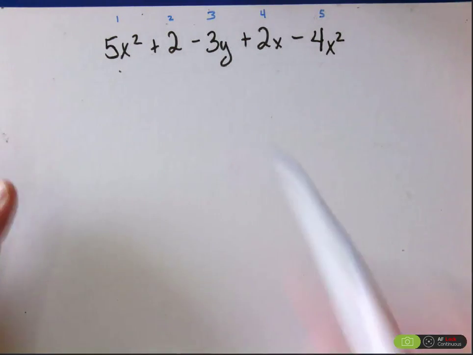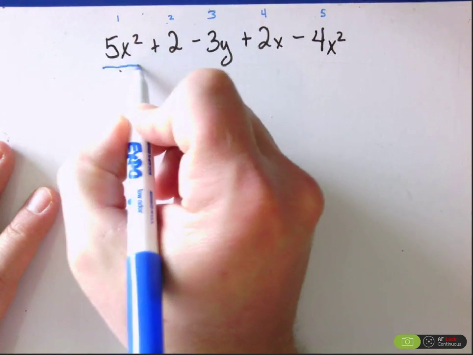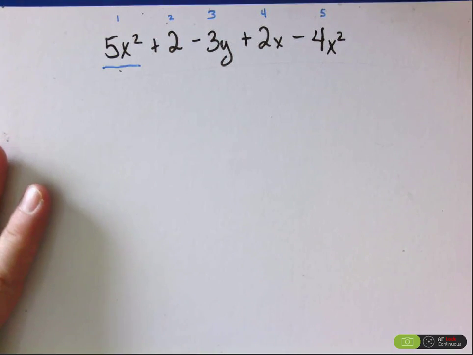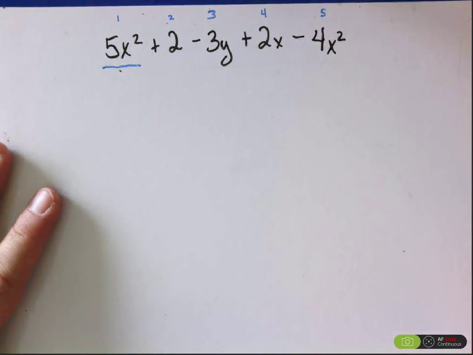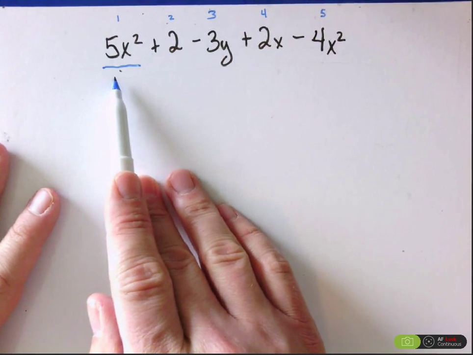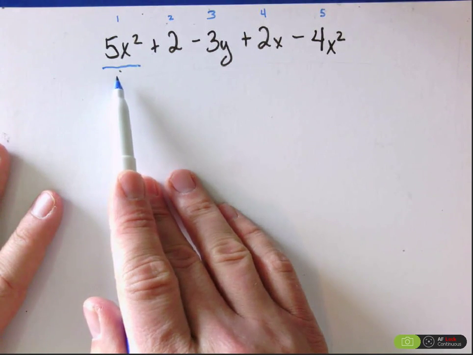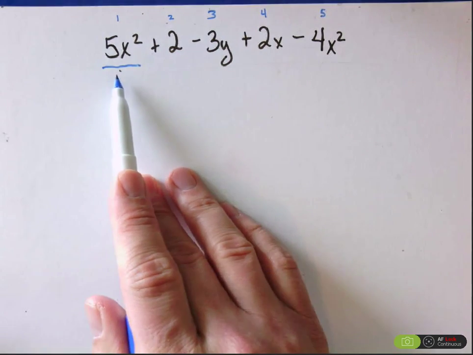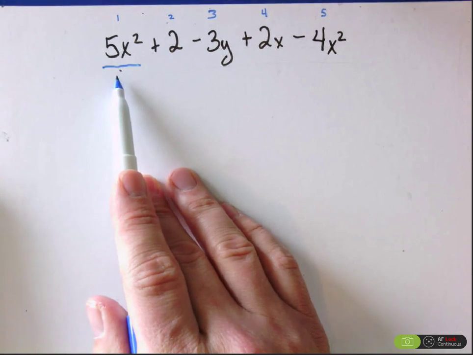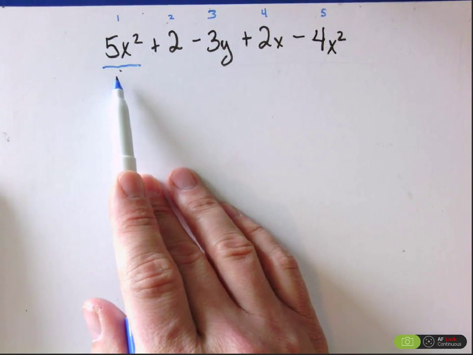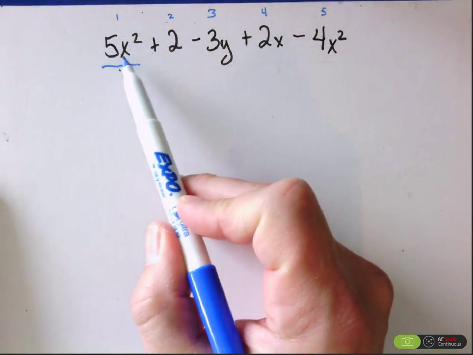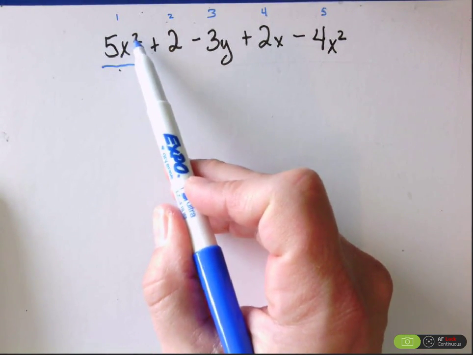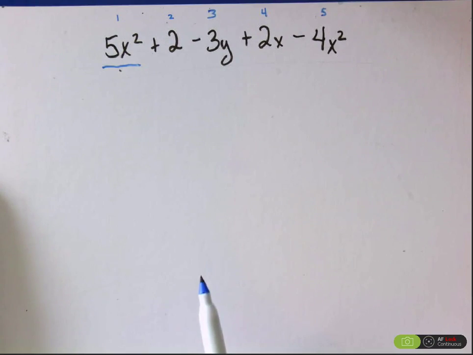So the first thing I'm going to look at is 5x squared. Is there anything in the next 4 terms that I can combine with 5x squared? Remember the criteria is it has to have the same variable with the same exponent. So it has to have x as the variable, and it has to be raised to the power of 2.